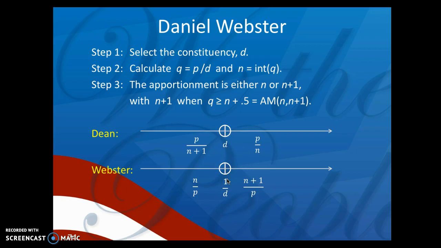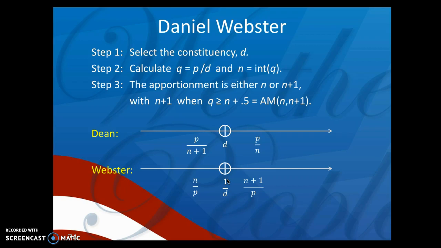Again, Dean's looking at, he wants the target to be how many people should each congressperson represent. And Webster was saying how many congressmen or women should there be per person in each state. So Dean was a math professor who made a proposal due to political reasoning and strangely was not aware of the mathematics of that proposal, of that arithmetic mean.